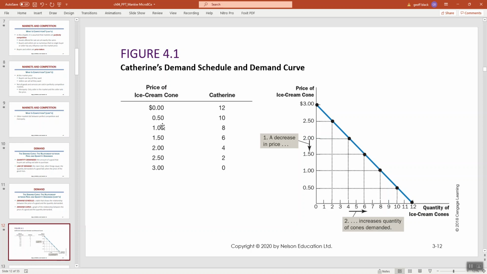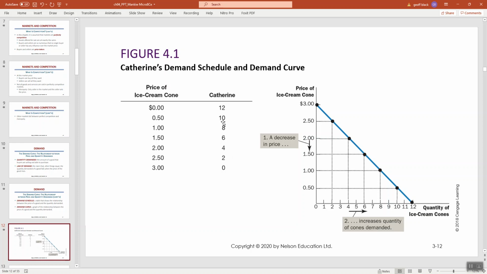Notice the price goes up from 50 cents to $1 for an ice cream cone. Well, she demands even less. Okay, this is similar to our example last class when we looked at Emma's novels. So as the price goes up, quantity demanded goes down. Okay, so this is the demand schedule. It's all the different combinations of price and quantity demanded.